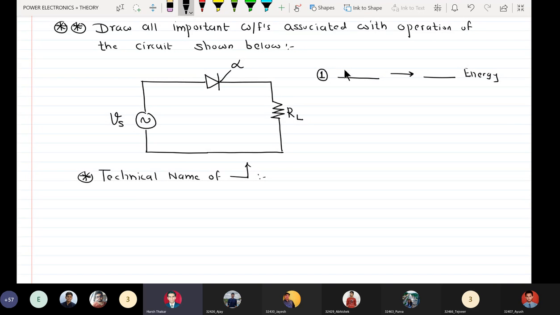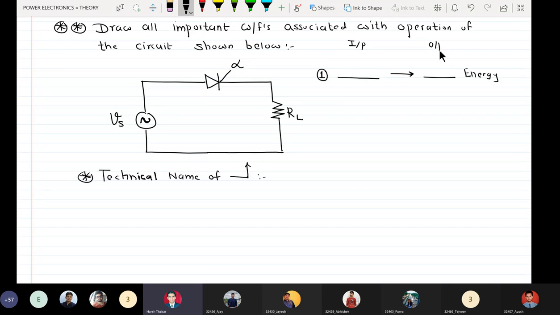What do you think this circuit converts electrical energy from which form to another? What should I write here? This is input.